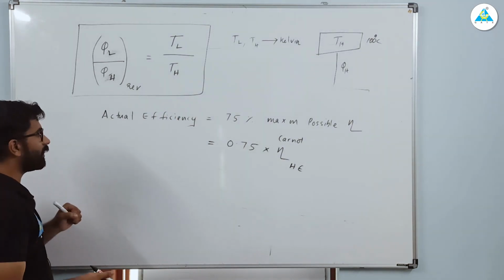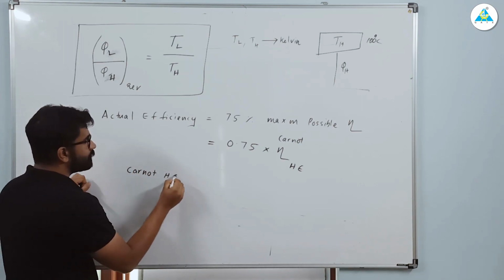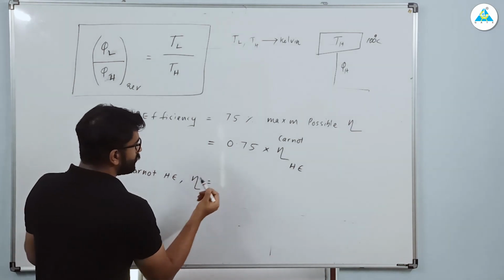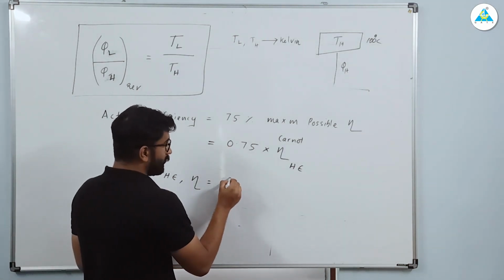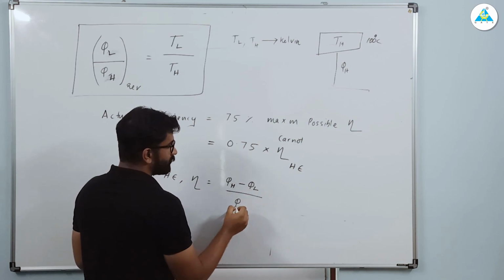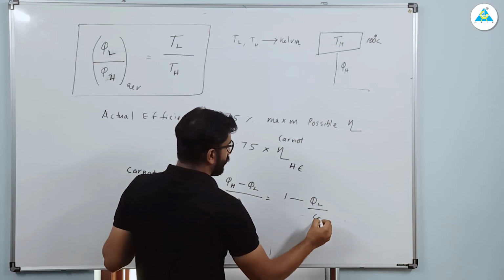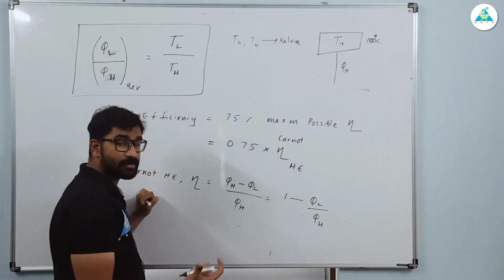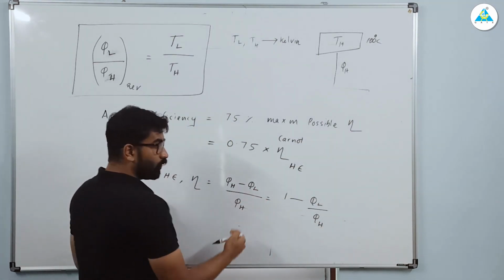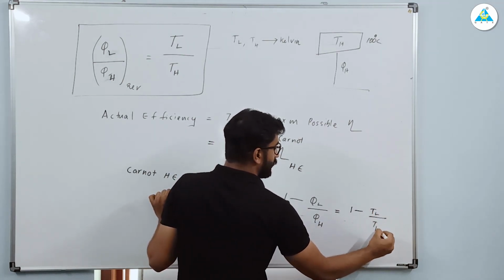What is the efficiency of a Carnot heat engine? You know the equation: efficiency is equal to QH minus QL divided by QH, that is 1 minus QL by QH. If it is a Carnot heat engine, instead of QL by QH, you can substitute TL by TH.